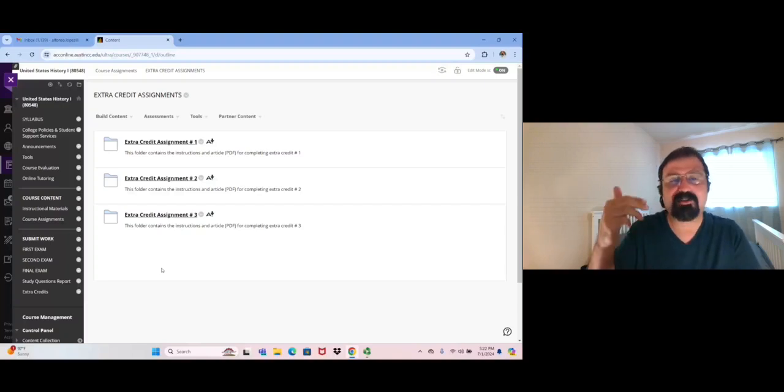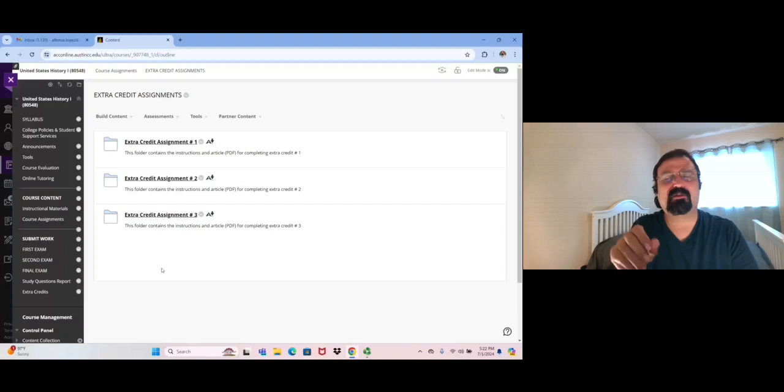Each folder has an article for you to read and the instructions for completing the assignment, meaning it's going to tell you to read the article and a series of questions for you to answer. 3 or 4 pages, double space, and you save it in Word.